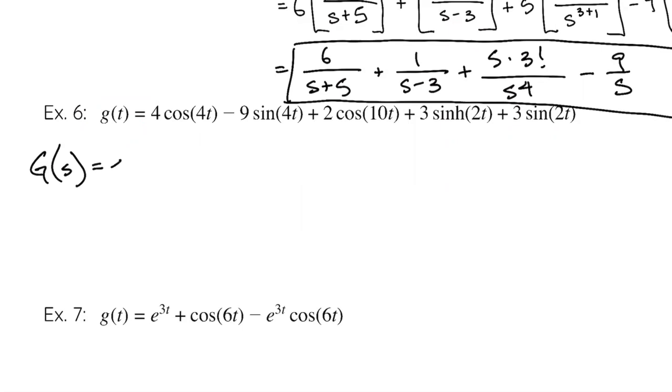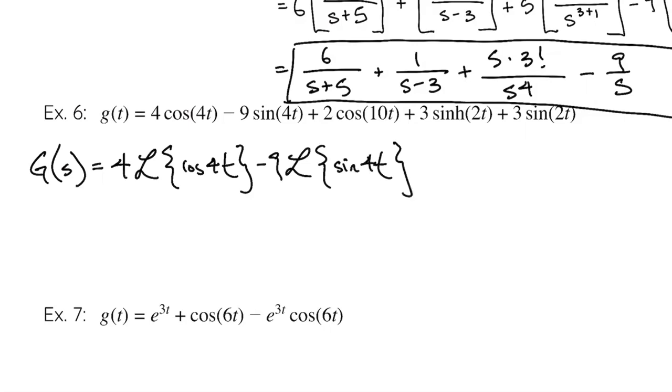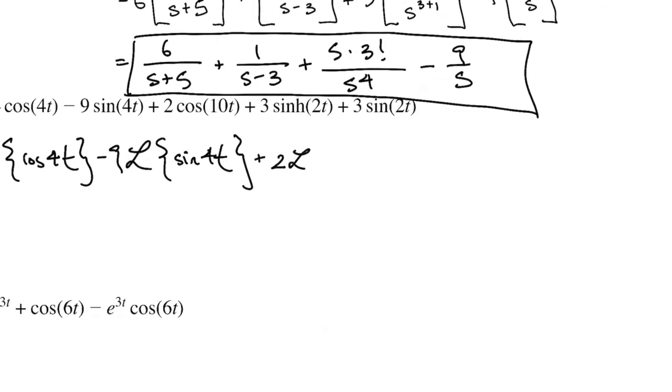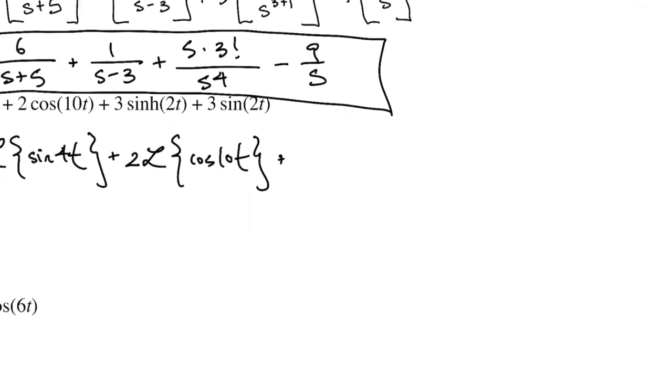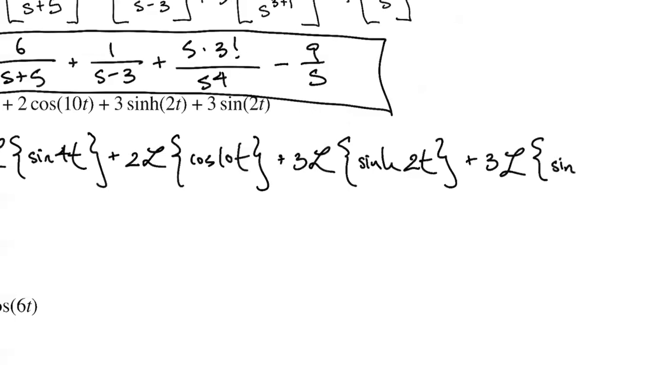So I'm going to end up with 4 times the Laplace transform of cosine 4t, minus 9 times the Laplace transform of sine of 4t, plus 2 times the Laplace transform of cosine 10t, plus 3 times the Laplace transform of sinh 2t, plus 3 times the Laplace transform, oh, that's an ugly one, of sine of 2t.